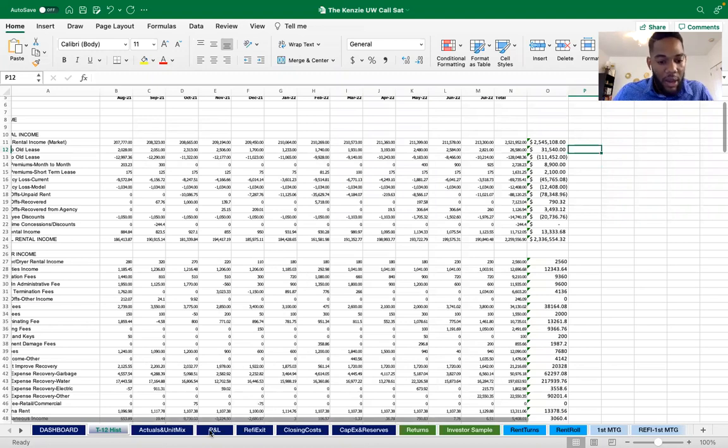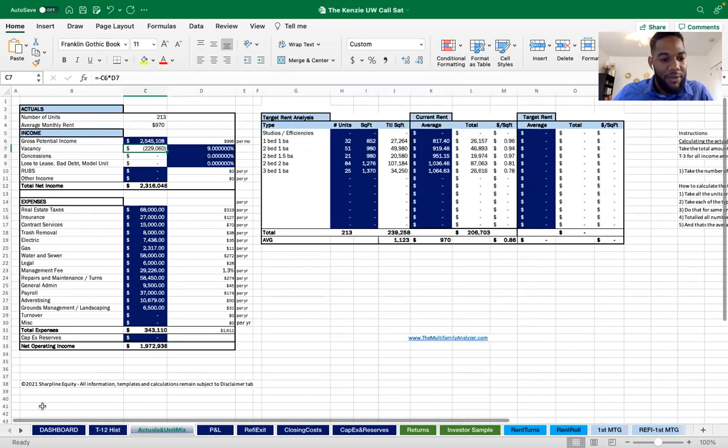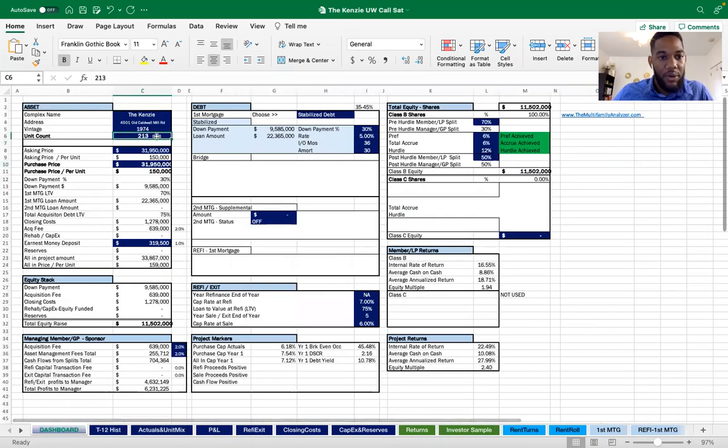So for example, on this property we have 213 units total. So that's what we're using as our per unit basis right here. You see that? This isn't including a leasing office.